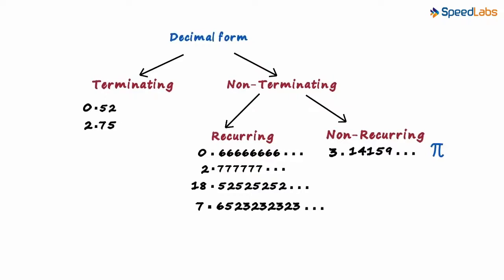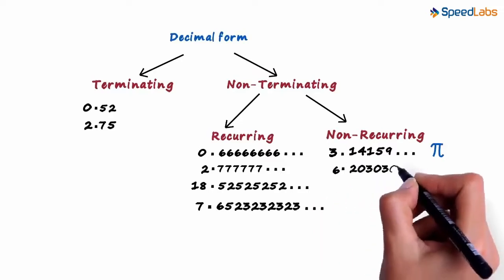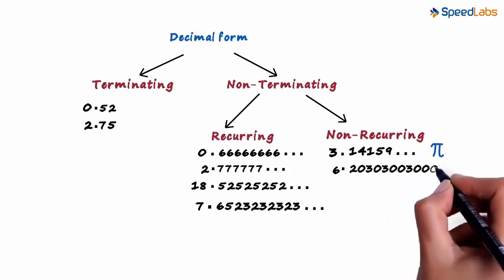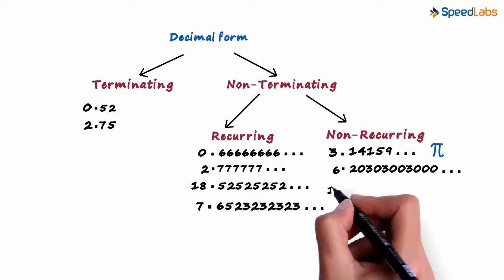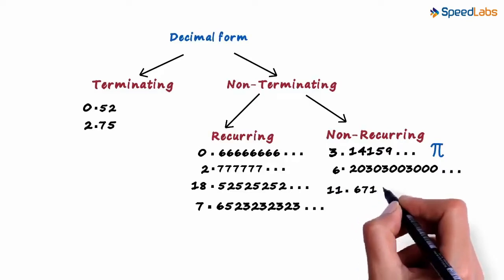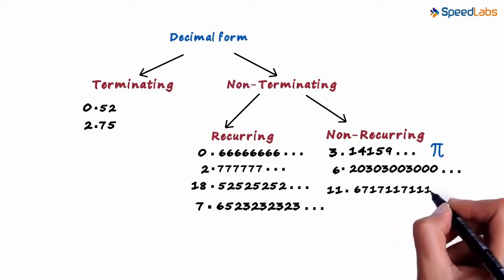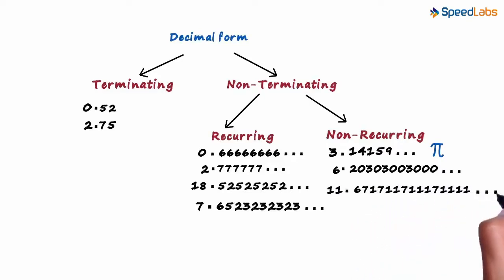You can even form non-recurring decimals on your own. Something like 6.20300300030000 and so on. There you go. You will not find any pattern here. Or maybe something like 11.67171171117111 and so on. You take any two-digit number like 30 and write it by repeating the units digit again.